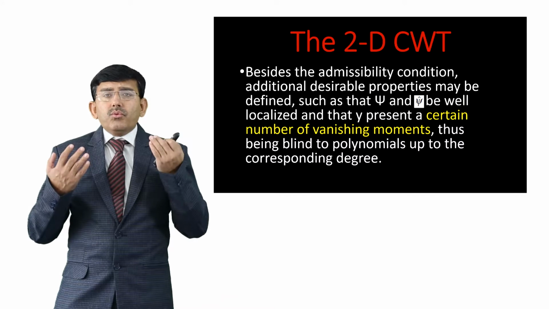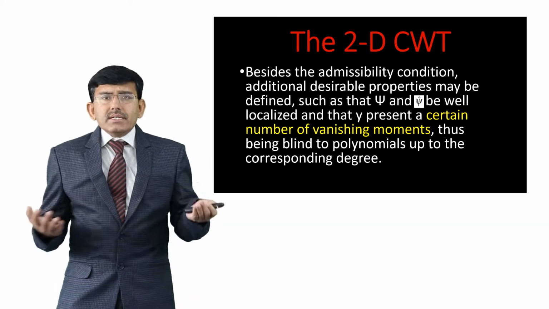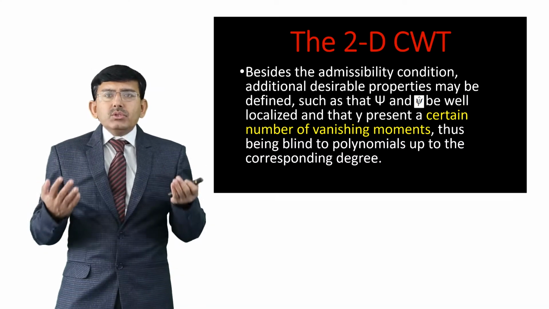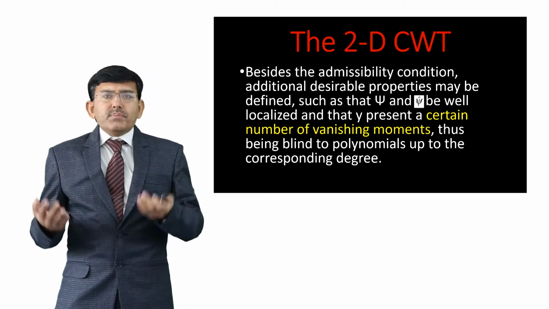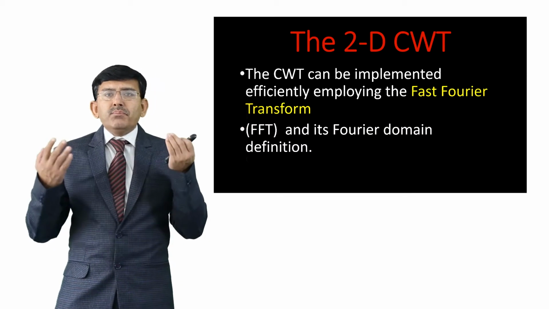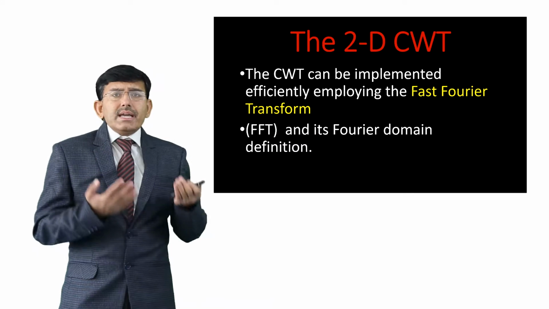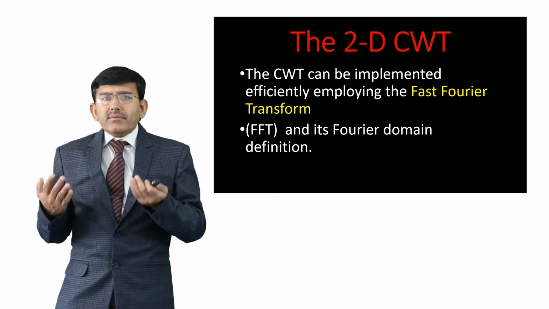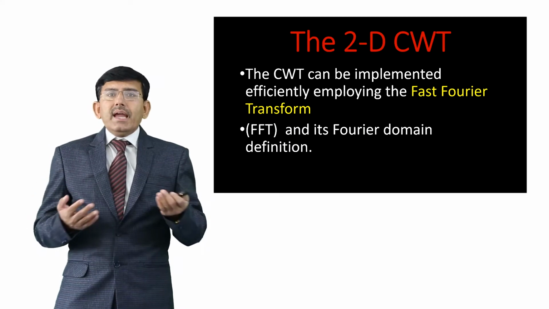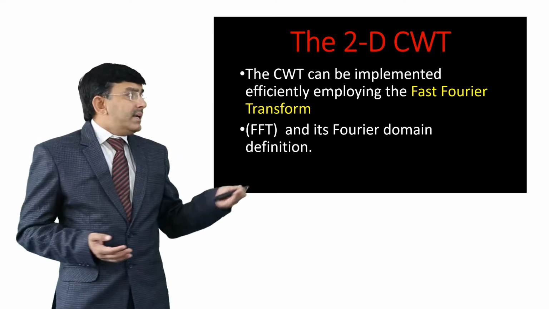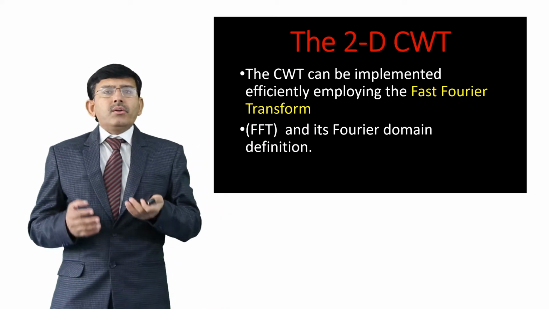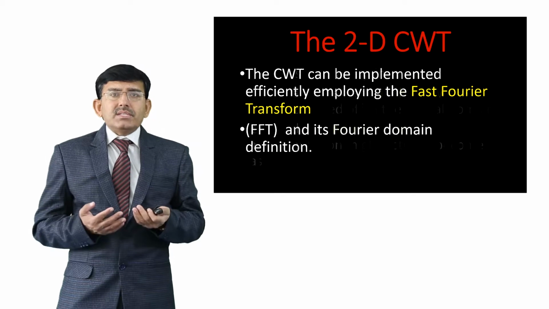and that psi represents a certain number of vanishing moments, thus being blind to polynomials up to the corresponding degree. The CWT can be implemented efficiently employing the fast Fourier transform, that is FFT, and its Fourier domain definition can also be used to implement it on the retinal images.